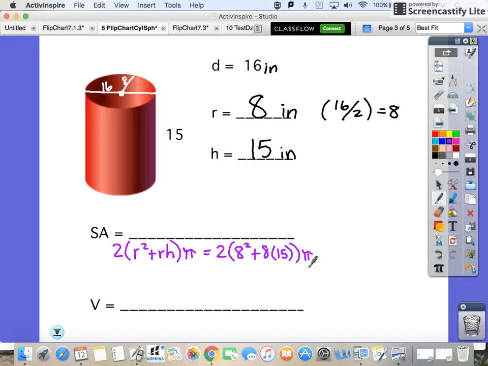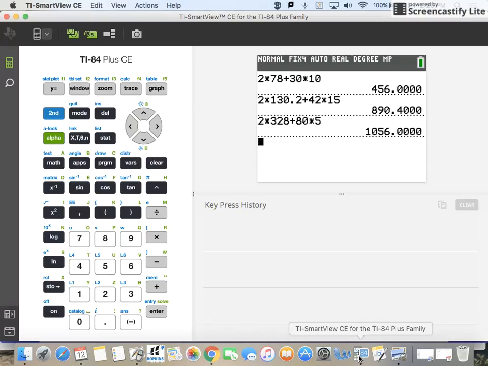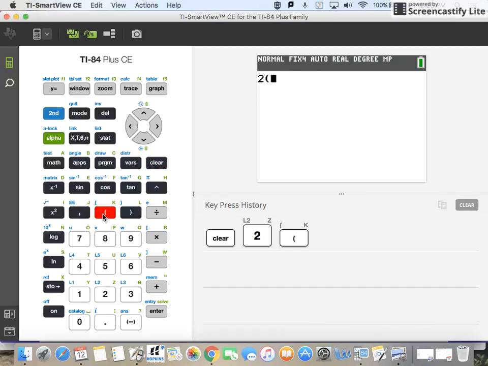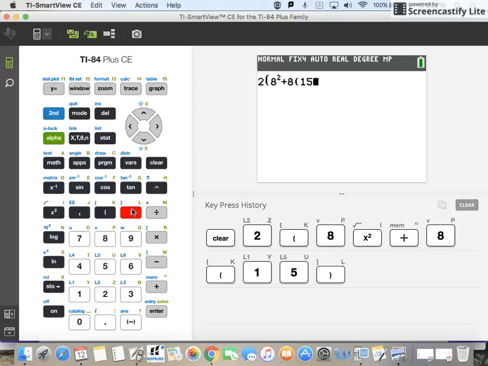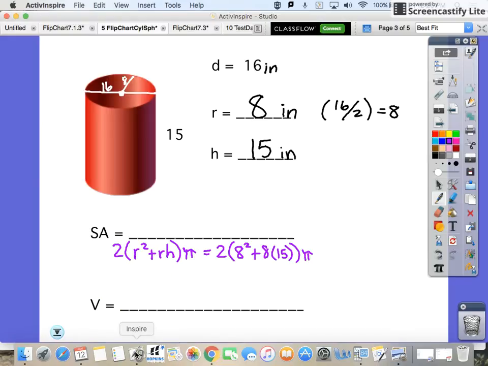So I'm going to type this into the calculator: 2 times 8 squared plus 8 times 15. Close that parentheses and then close the larger one. And we end up with 368, but we still have this pi on. So it's 368 pi. And then the units are inches.